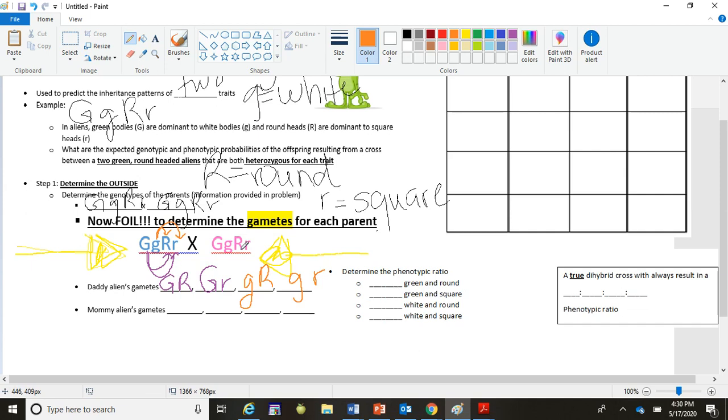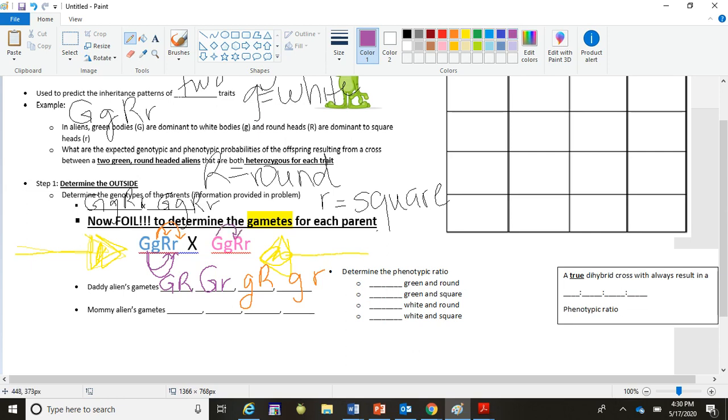So when we talk about gametes, we're talking about which alleles the parents possess and what combinations of them they could donate. This was the dad's gametes, and then we'll do the mom's gametes the same way.